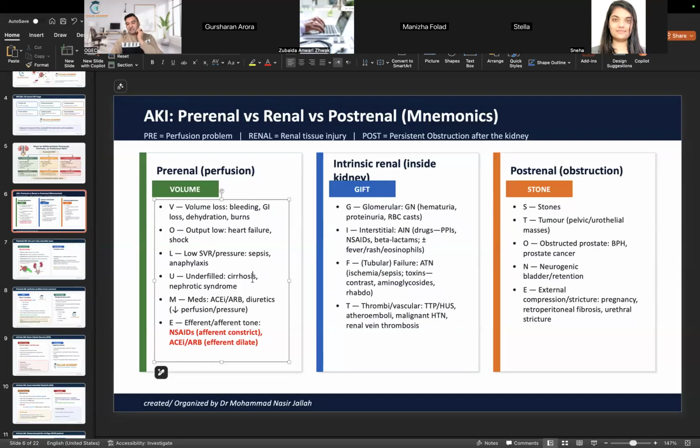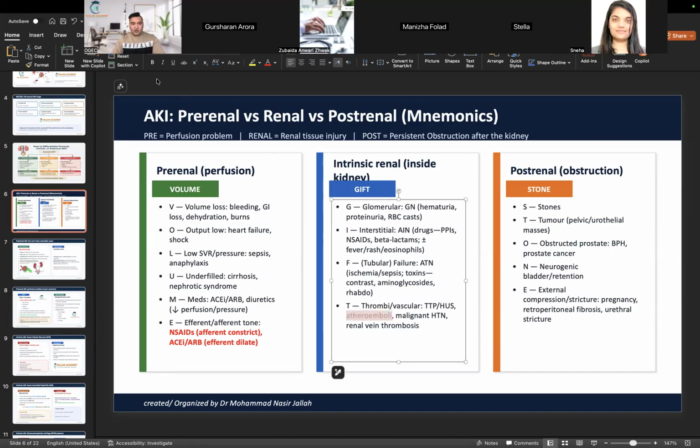For this one, they may give you a history of somebody with a very low platelet count, TTP or hemolytic uremic syndrome, or atheroembolic disease. Out of all of them, I have seen this one very commonly tested in the question banks.